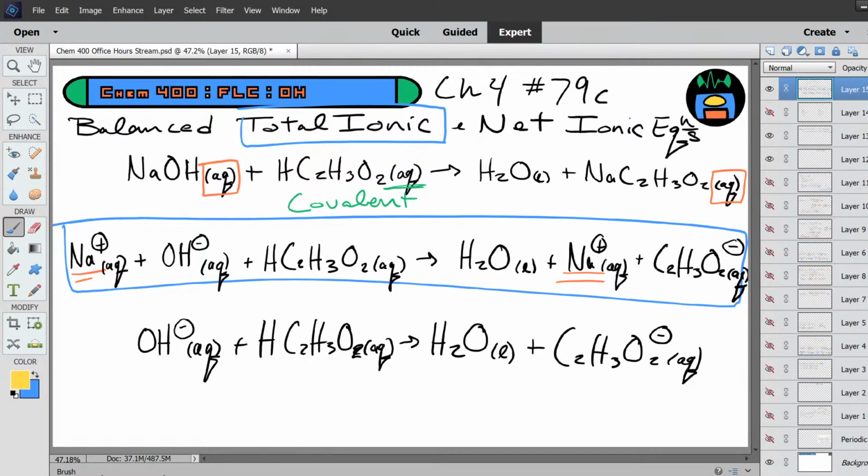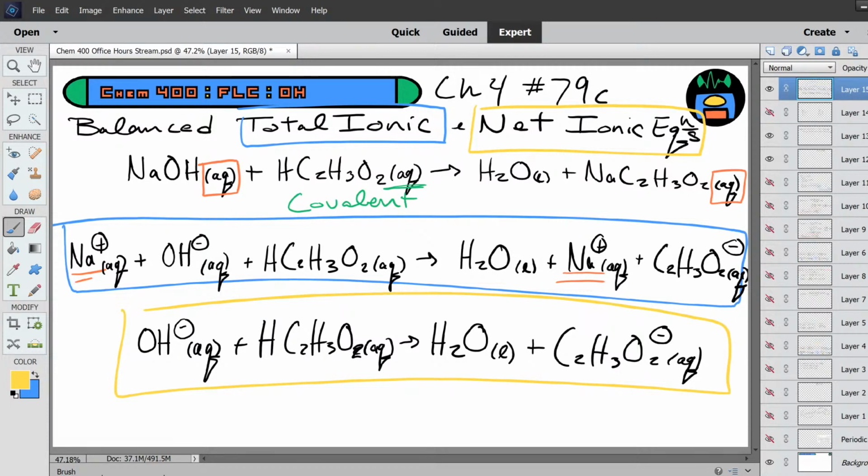And this, with all the spectator ions canceled, is the net ionic equation. All right, so that was chapter 4, number 79, part C.